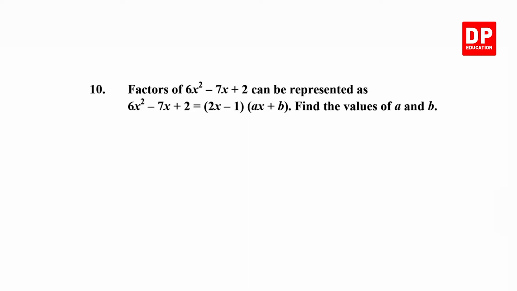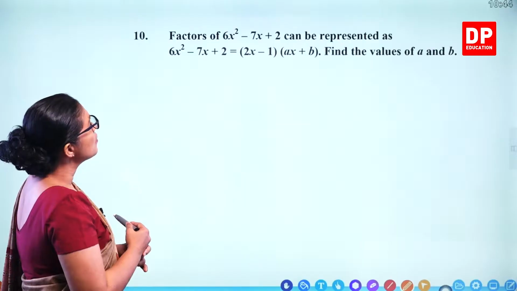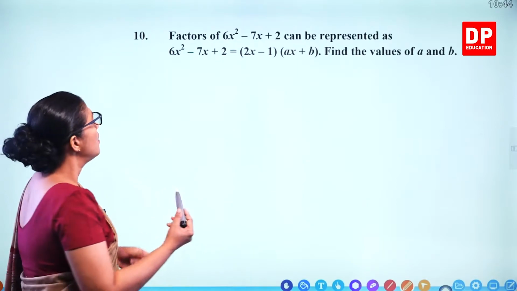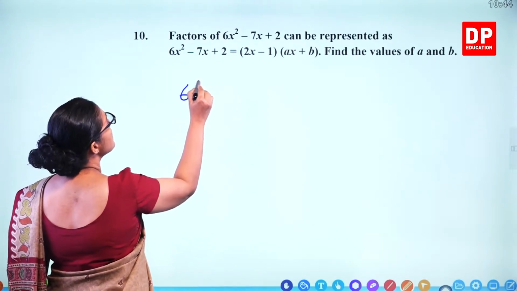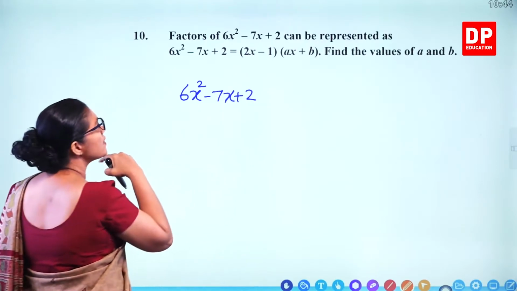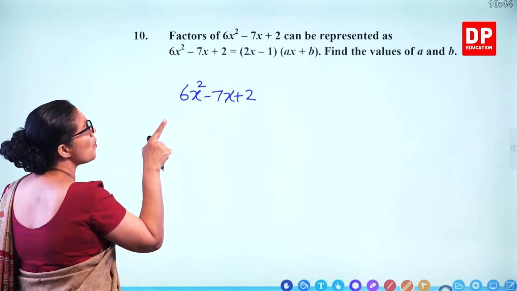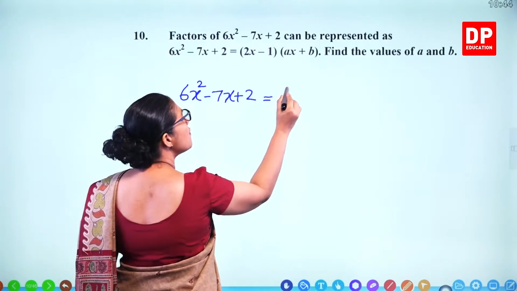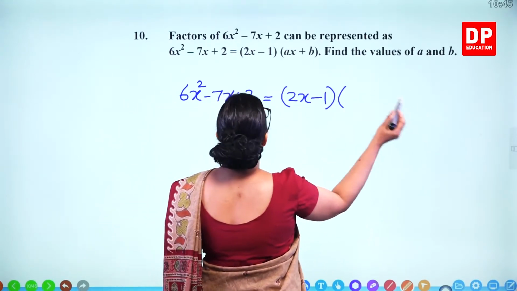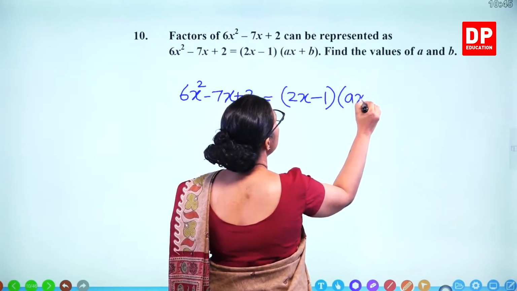Question number 10. Factors of 6x squared minus 7x plus 2 can be represented as 2x minus 1 into ax plus b. Find the values of a and b. So we have to factorize that. So one factor is 2x minus 1. You can easily find out without finding the factors again.